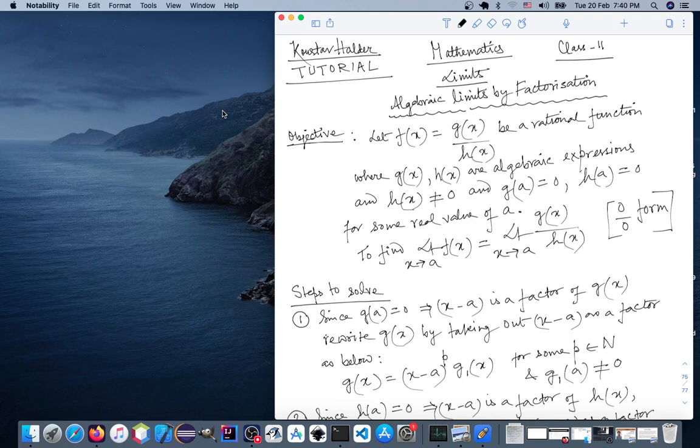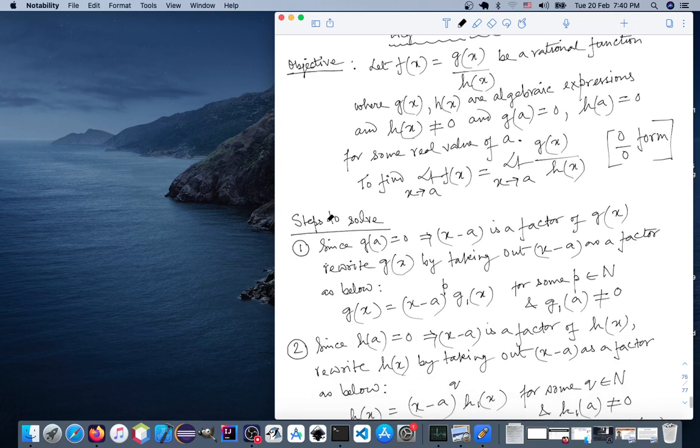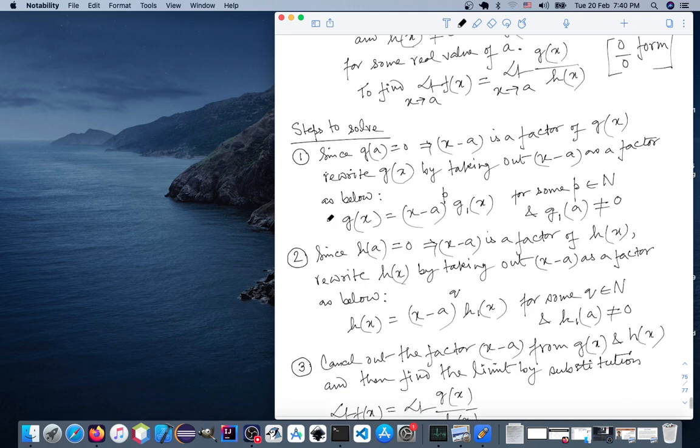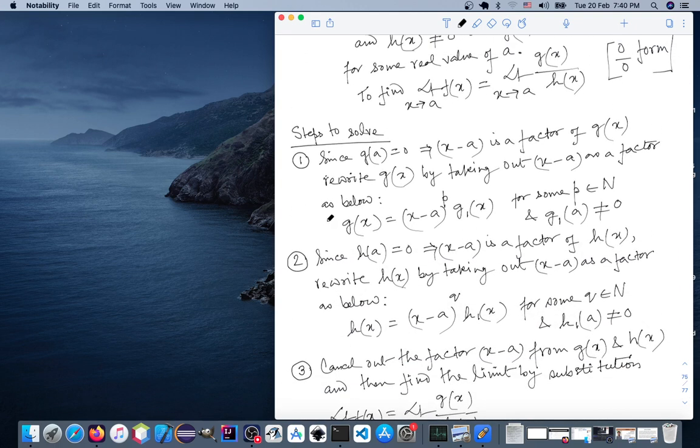So it becomes of the form 0 by 0, because at the point a, g(x) and h(x) both are becoming 0. So the steps to solve this kind of problem is, since g(a) is 0, we must have x minus a as a factor of the expression g(x).